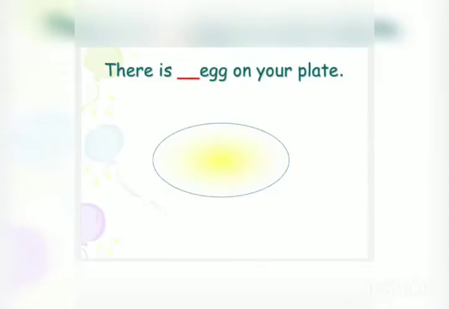Let us take another example. There is dash egg on your plate. The word egg starts with the vowel sound e. So we say there is an egg on your plate. So we use article an before it.